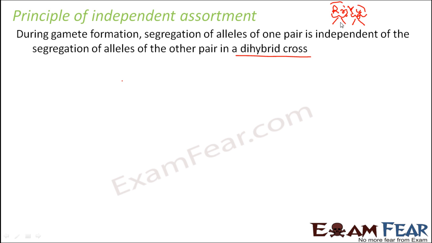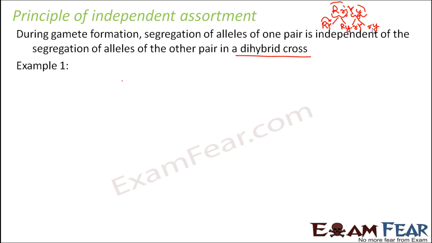Now when they segregate, they form things like this. So R combines with Y, R combines with small y, then small r combines with Y, while small r combines with small y as well. So that is the principle of independent assortment.